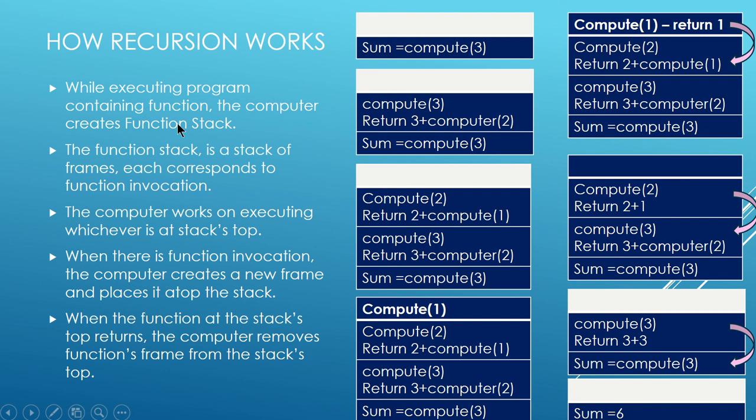Now let us understand this concept with the program we discussed earlier. I have created a stack for compute of 3. That is, I want to calculate the sum of 3 natural numbers. There was a statement in my program where sum is equal to compute of 3.